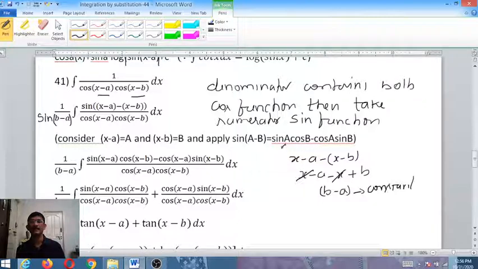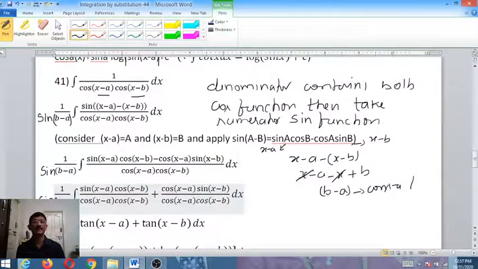In the place of a, you are having x minus a. In the place of b, you are having x minus b. Now look here, 1 divided by sine of b minus a into sin a cos b minus cos a sin b. Divide each term by the denominator here. If we divide each term by the denominator, what do we get here?